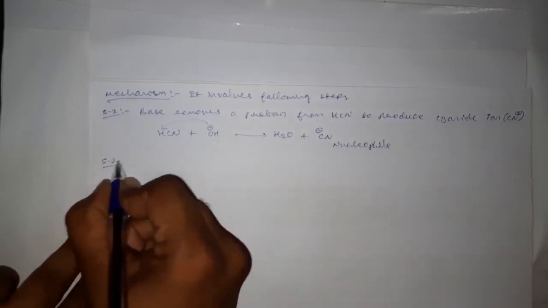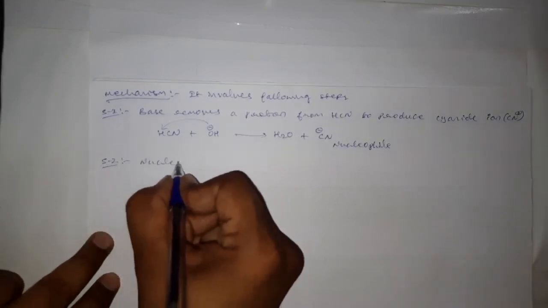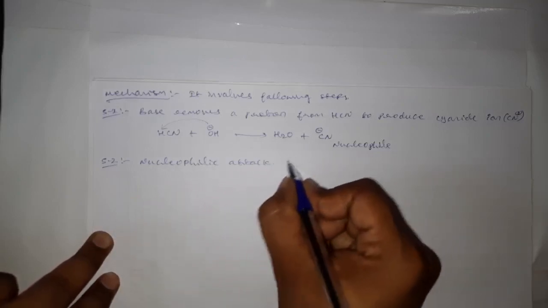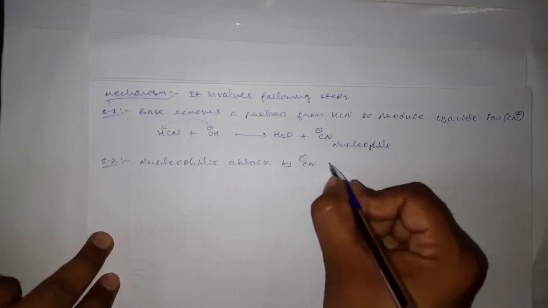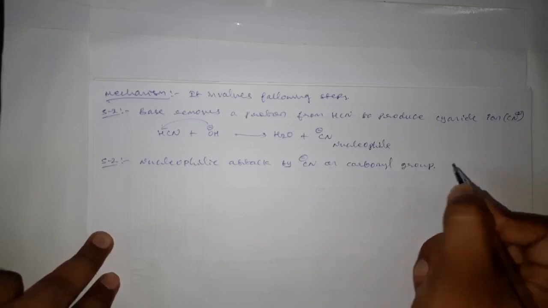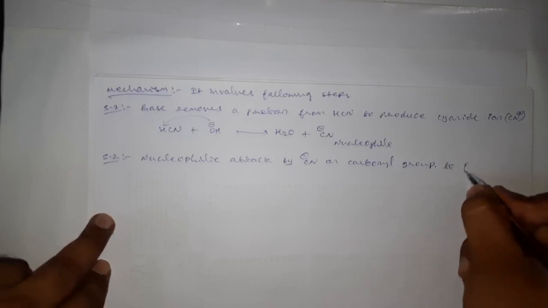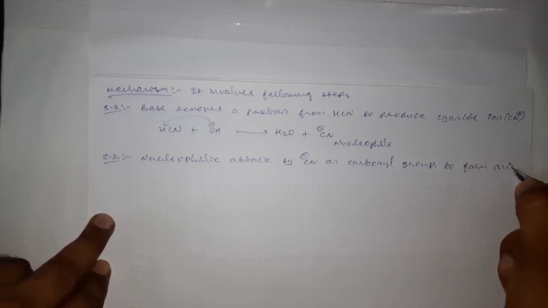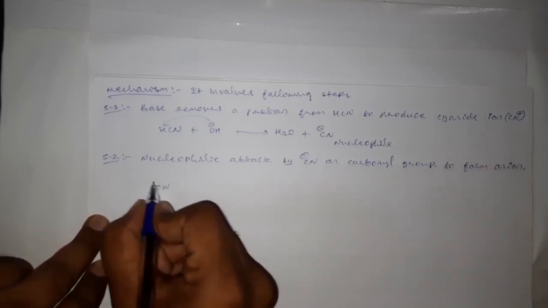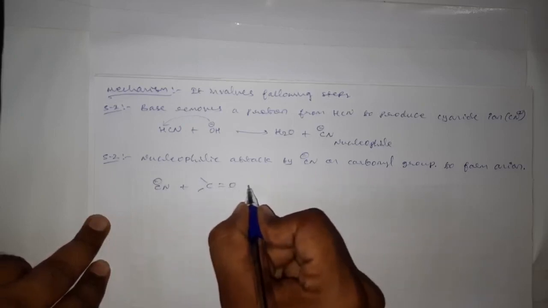The second step is nucleophilic attack by CN minus on the carbonyl group to form an anion. This cyanide ion acts as a nucleophile.